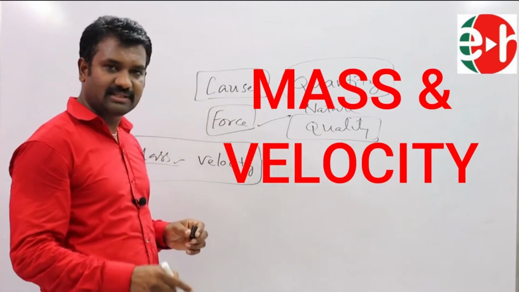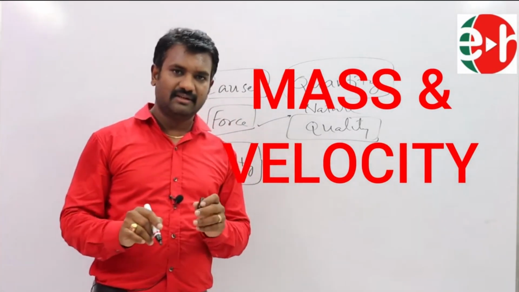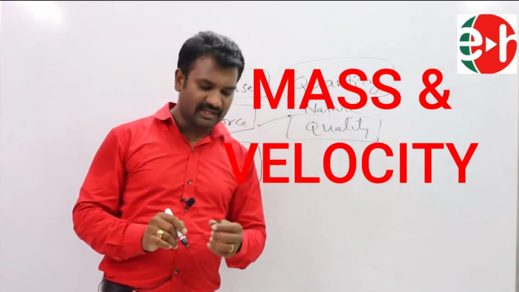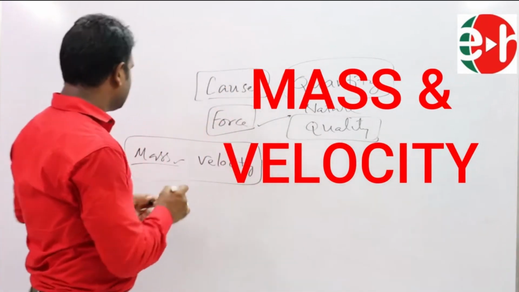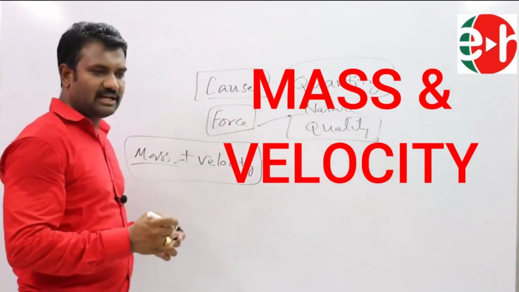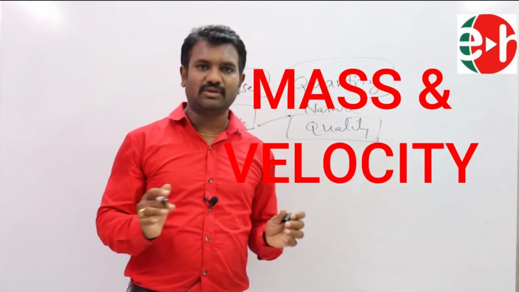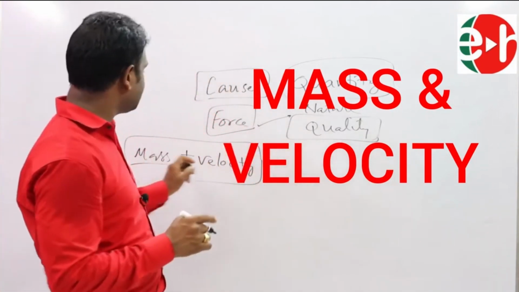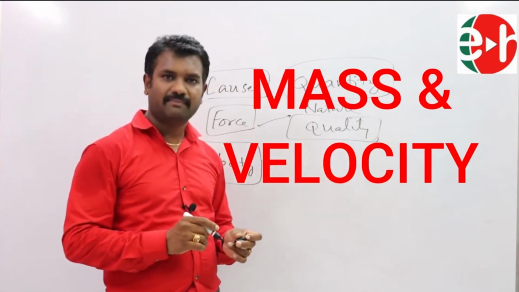The body has mass. Even in motion, it has mass. When it is in motion, it has velocity. That's why whenever you describe an object under motion, we have to state its mass as well as velocity.